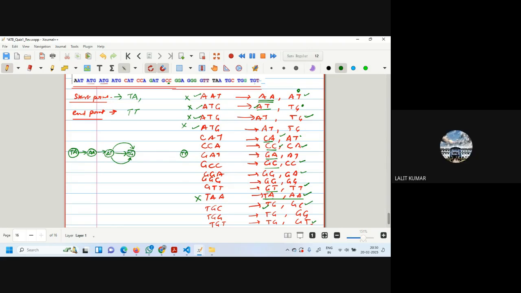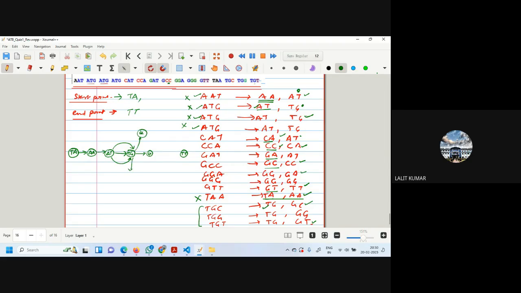Now we come to TG. TG can go to GC, GG, GT. So we make one GT here. We take TG one route here, for example GC.